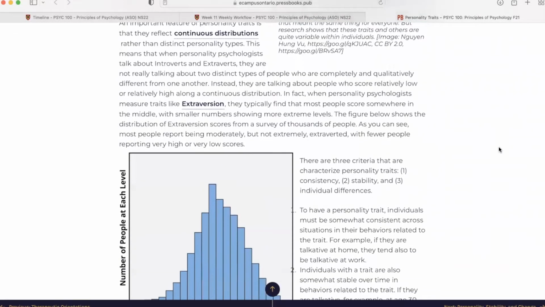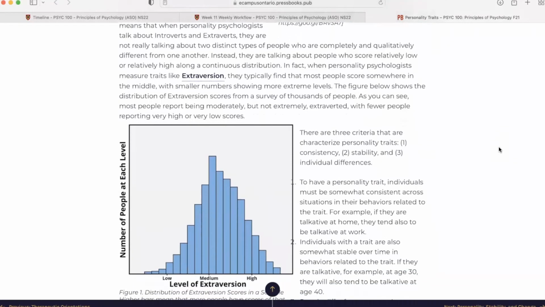Instead, they are talking about people who score relatively low or relatively high along a continuous distribution. In fact, when personality psychologists measure traits like extraversion, they typically find that most people score somewhere in the middle, with smaller numbers showing more extreme levels. They have a figure below here that shows the distribution of extraversion scores from a survey of thousands of people.